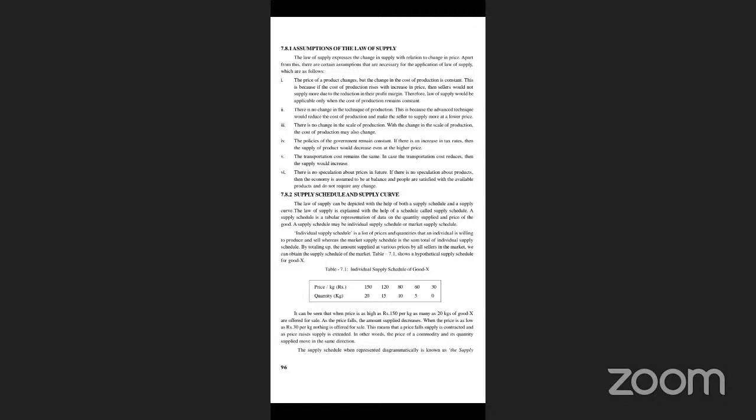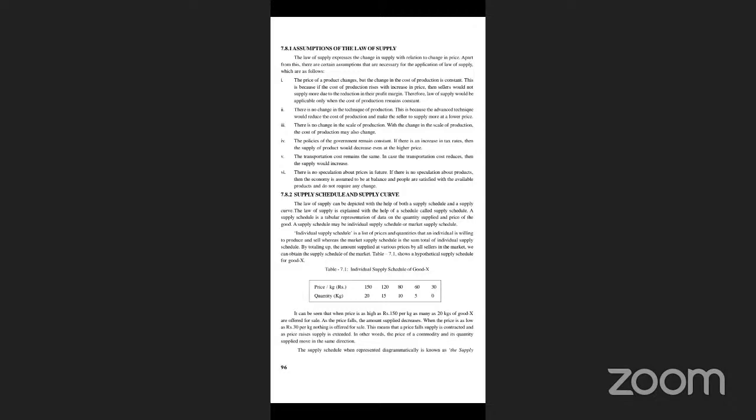So there is no change in the scale of production here. And we assume that the government prices, etc., will be unchanged. Transportation, etc., we assume will remain the same. And we assume that there won't be any speculation. Like we assume that there is no speculation, and people are satisfied with the available products and do not require any change.